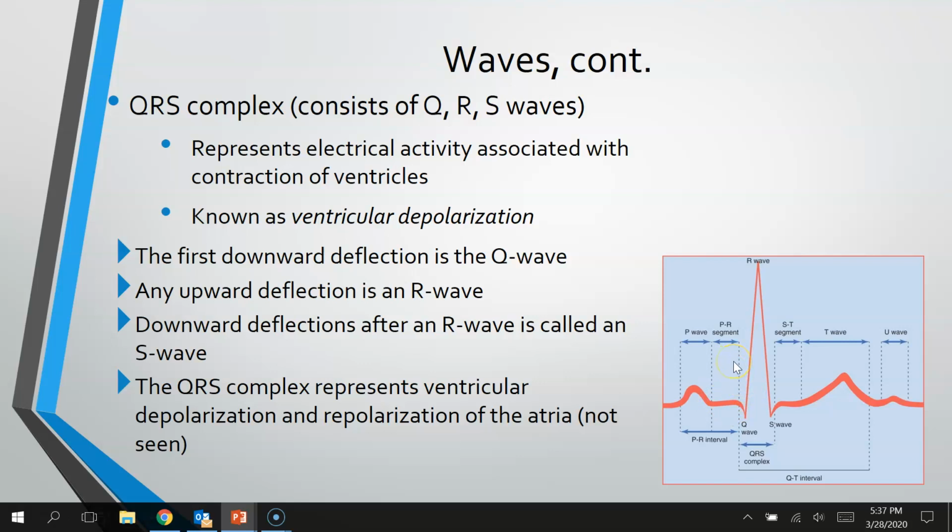And that's called repolarization. So it's relaxing right in here, but because the ventricle is such a strong muscle contracting, we really don't see the repolarization of the atria. It's actually within this QRS wave.